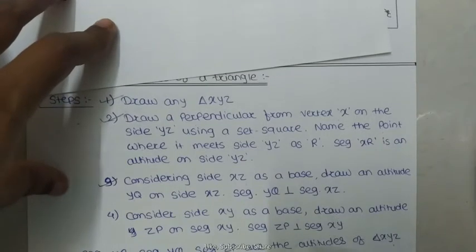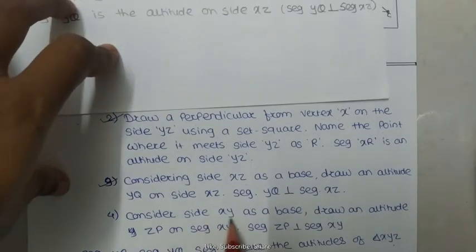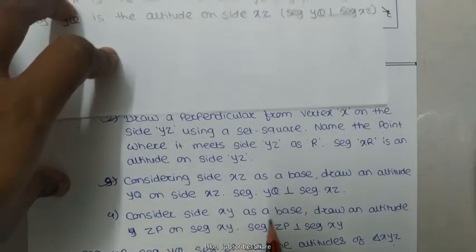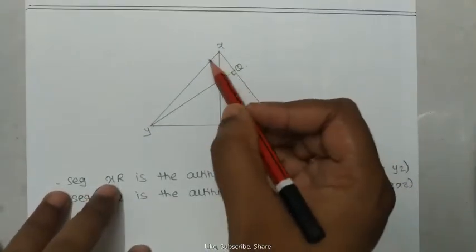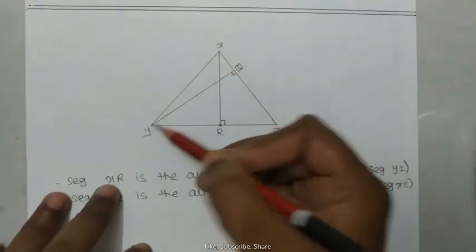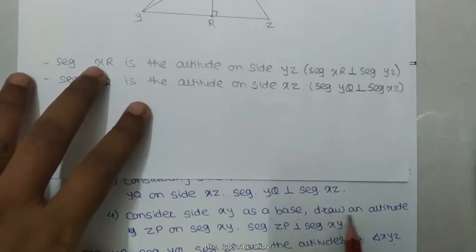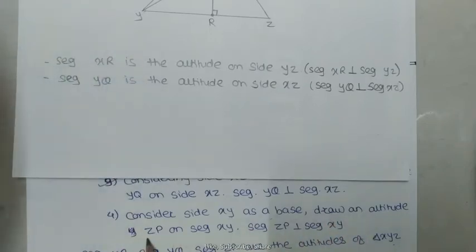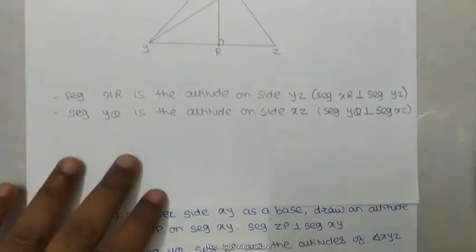Now next, the third step. Consider side XY as the base. XY as the base. Draw an altitude ZP on side XY, and then segment ZP is perpendicular to segment XY.